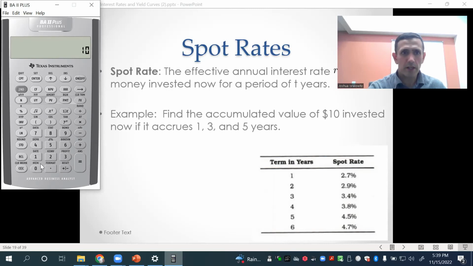And you get the idea. So $10 invested now, sitting in the account for 5 years, earns 5 years of interest at an annual interest rate of 4.5%. So it's 10 times 1.045 to the fifth, which is $12.46.